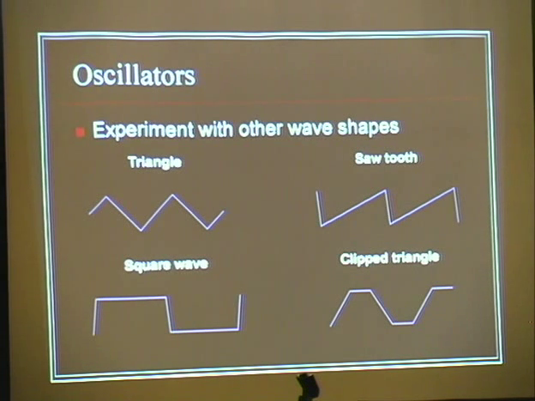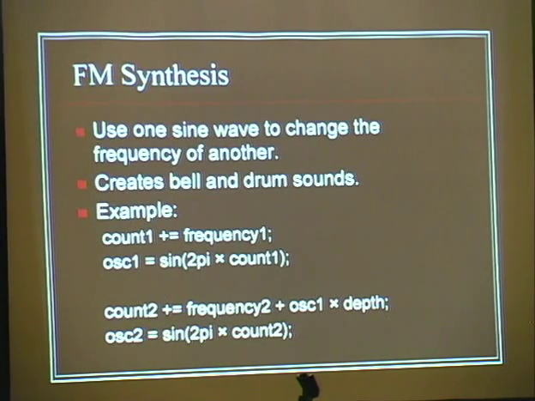That sounds boring, and it's not very good, but you can experiment with other wave shapes, triangle waves, sawtooth waves, square waves, clipped triangle waves, all sorts of shapes. Another approach you could take is something called FM synthesis, where you use one sine wave to alter the frequency of another. So for example, you can create bell and drum sounds using this technique.